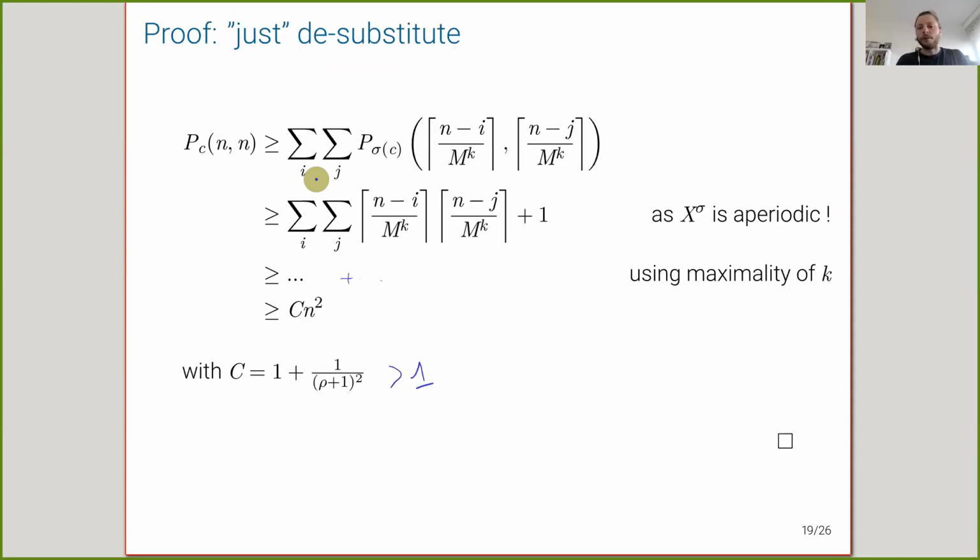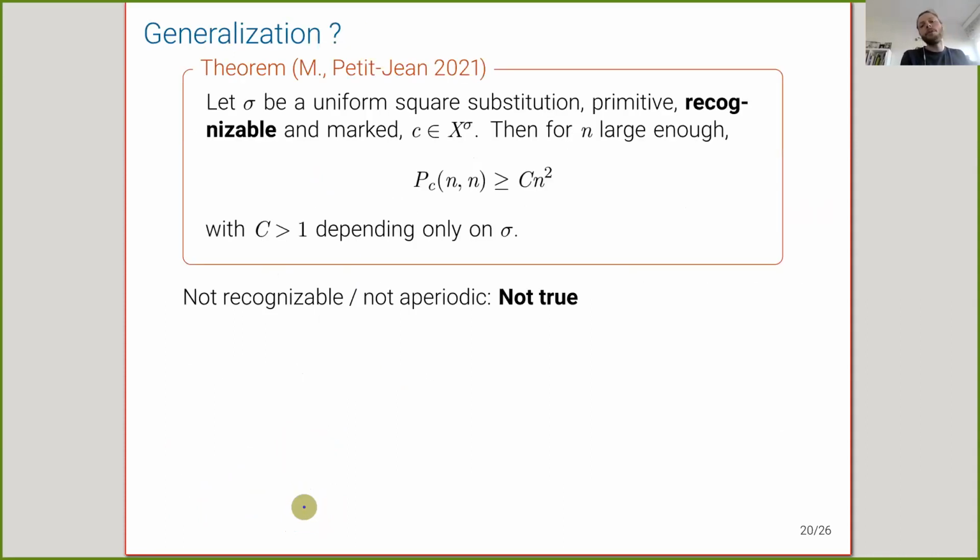Maybe I should have prepared a slide on this, but as soon as you have a binary substitution, if the images are not all the same, you will necessarily find a marked position. So if you look at binary substitutions, you don't need the marked hypothesis. But for more general ones, of course, it's harder.